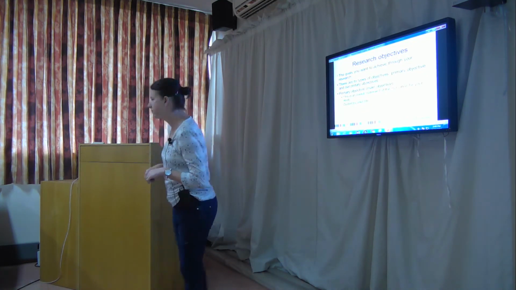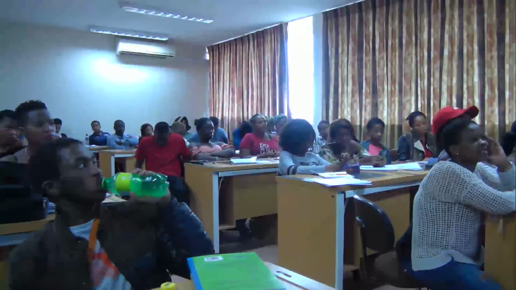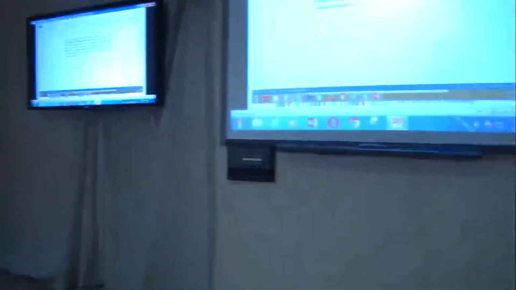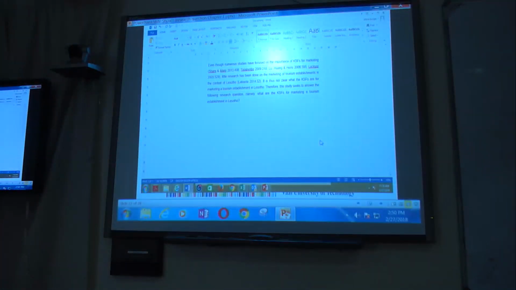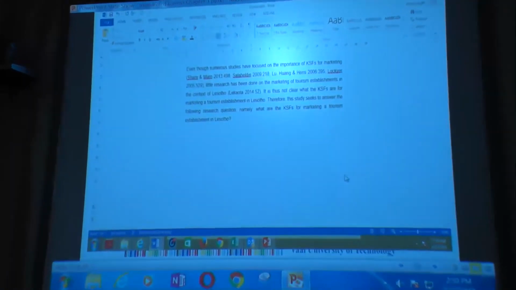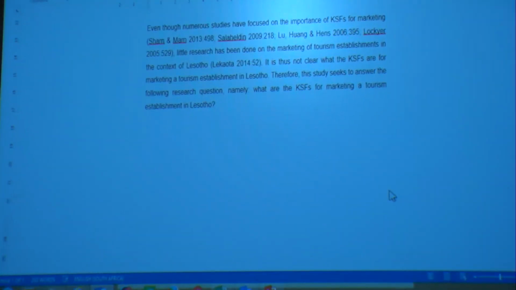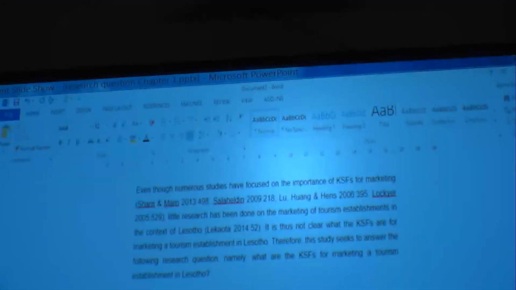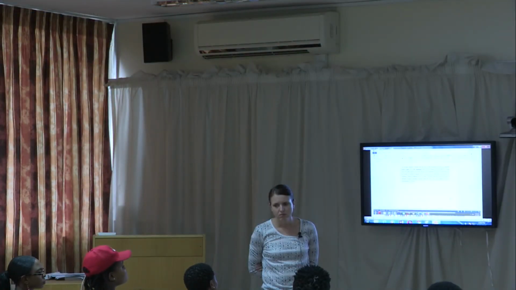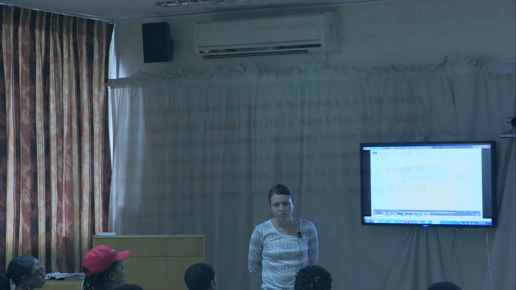Ma'am? There is a sentence that I'm just going to pick up on, where it is written, little research has been done on the marketing of tourism in the context of Lesotho, because it's not the researcher who said that. Shouldn't it be in inverted commas because it's not the researcher's own?